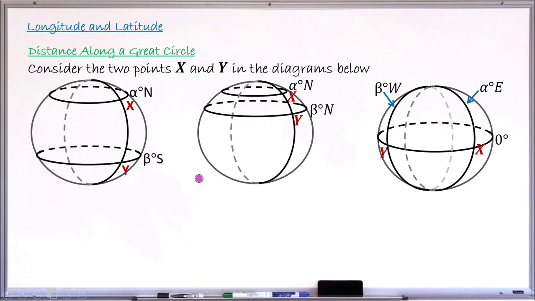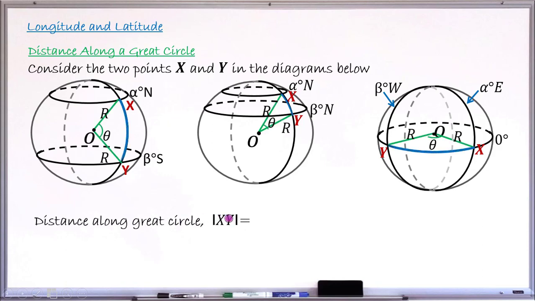Whichever drawing we take, the distance between those 2 points will be nothing but the length of the arc xy. Look at the arc xy in blue. In the second drawing, look at the arc xy also in blue. In the third drawing, arc xy is also in blue.